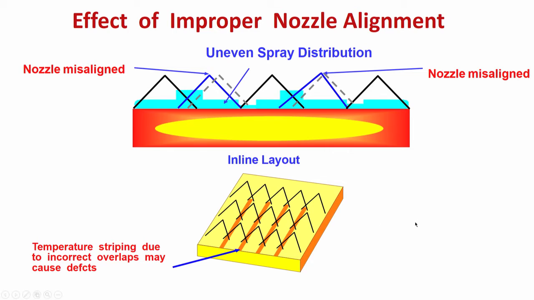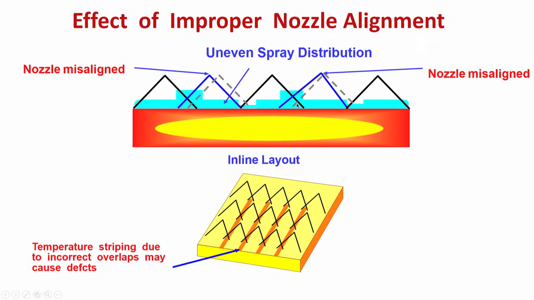So, I have explained to you what the consequences are if there is a misalignment. Misalignment of the nozzle means the uniformity of water on the surface of the strand is getting affected. Certain areas you have more overlapping, more water, certain areas you have less water.